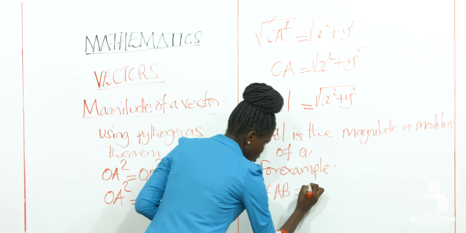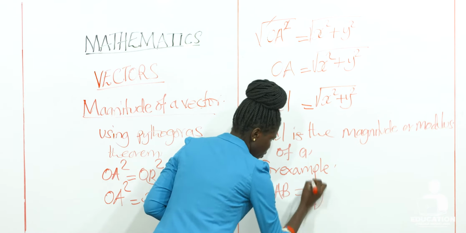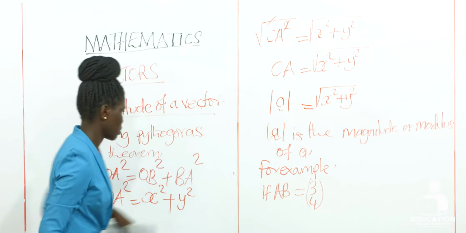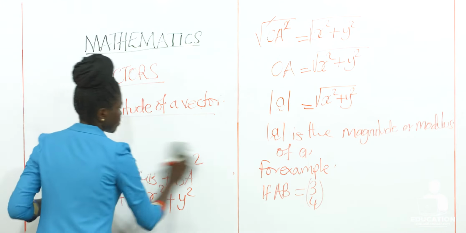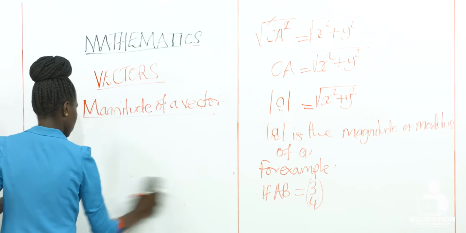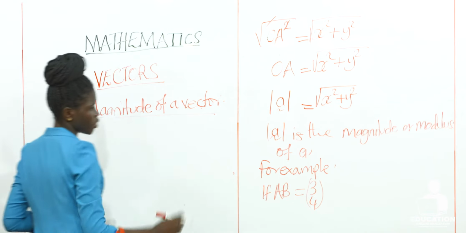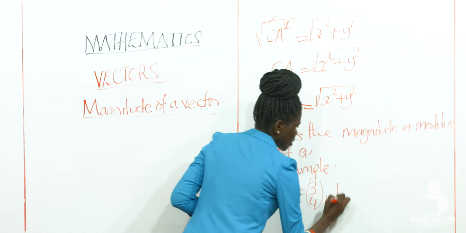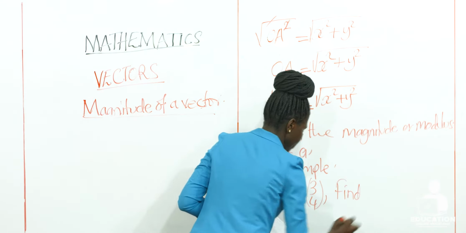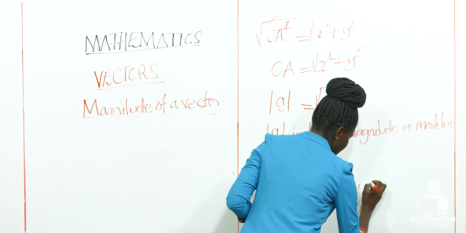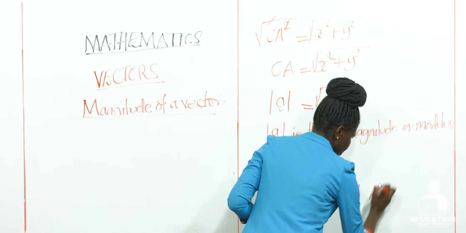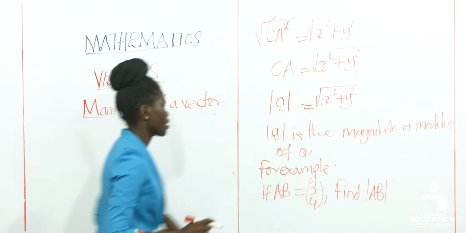If AB is equal to 3, 4, let's find the magnitude of AB. Let's find length AB.